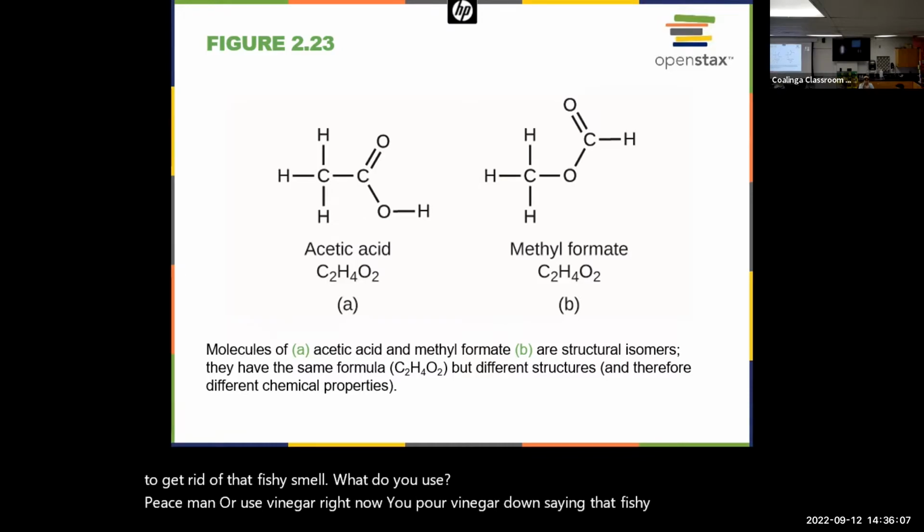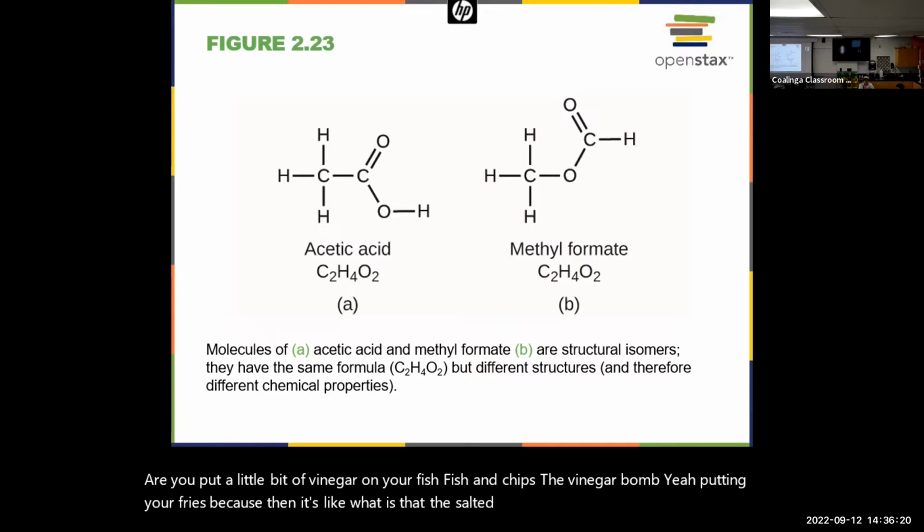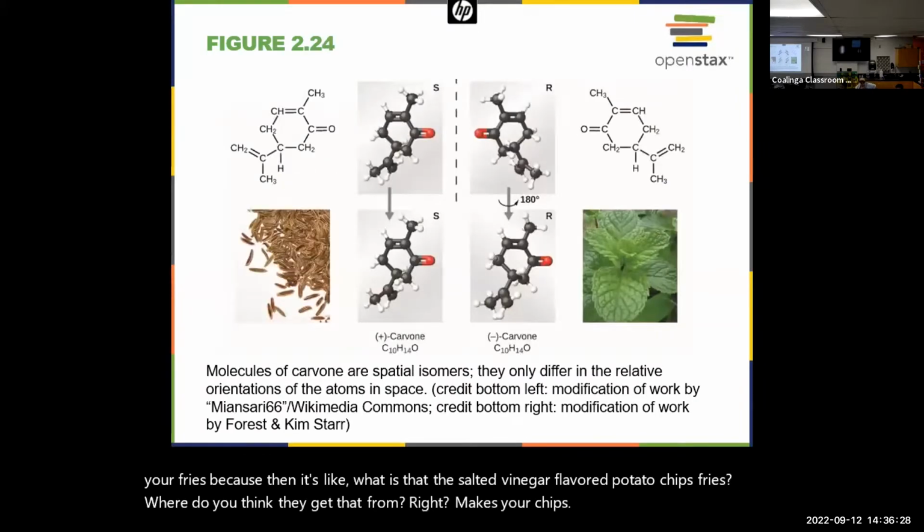Or you put a little bit of vinegar on your fish and chips, on your fries. The salt and vinegar flavored potato chips, where do you think they get that from? Fish and chips.